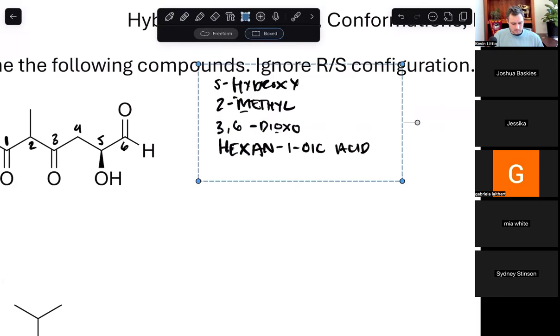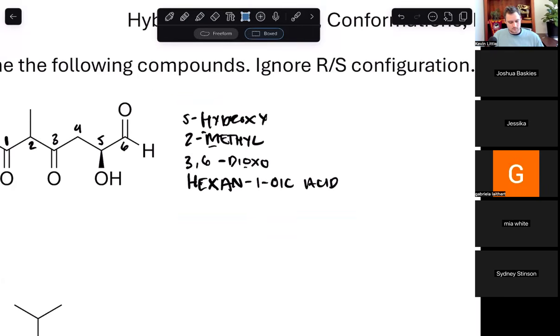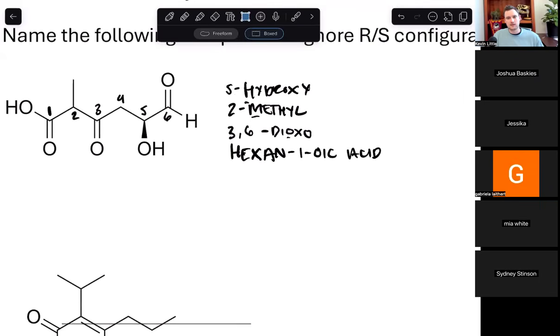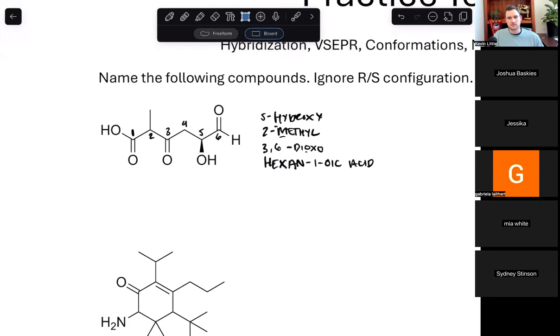So that's how I go about naming this. And you can write it linear, or you can keep it like this. We understand what you're saying. 5-hydroxy, 2-methyl, 3,6-dioxo, hexane, 1-oic acid.